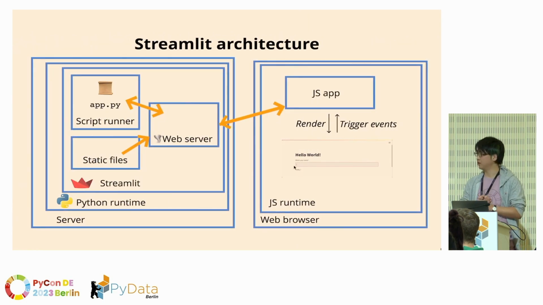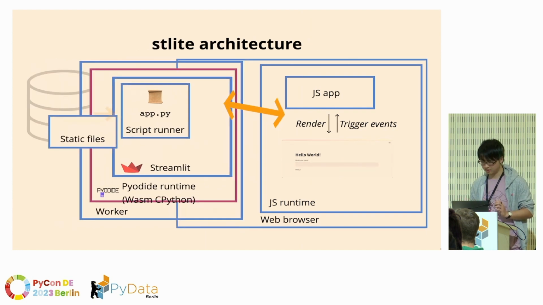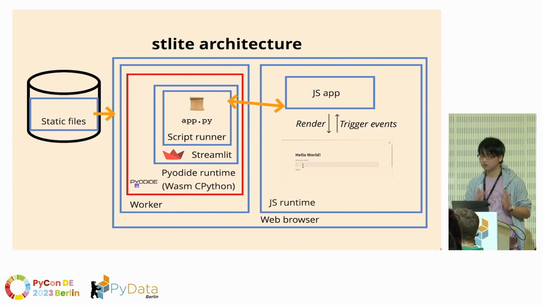By the way, using Pyodide, we could convert this server-client architecture of Streamlit into the serverless architecture of stlite. You can see that every dynamic part written in Python, even the Streamlit package itself, including the script runner that will execute app.py, is now running in a web worker, precisely, on the web browser.